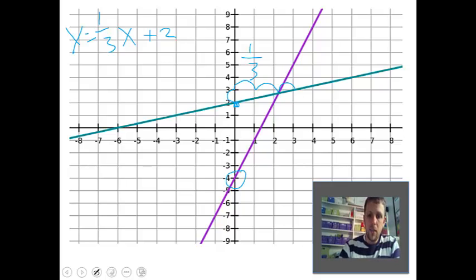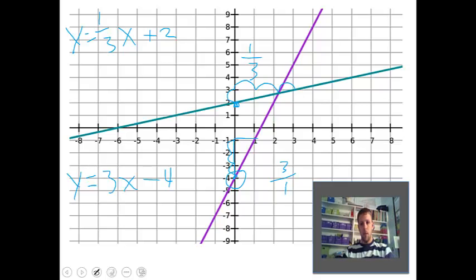This one crosses the y-axis at negative 4. It looks like it's rising 1, 2, 3 at a rate of 3 over 1. So I would say that the equation is y is equal to 3x minus 4.